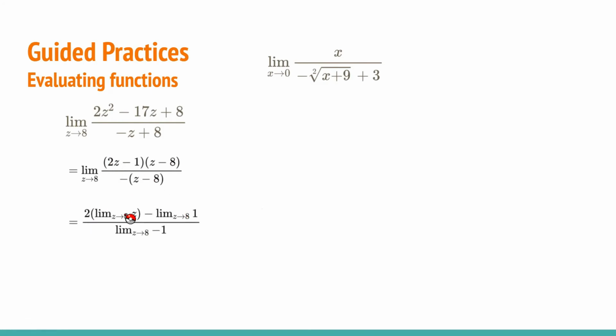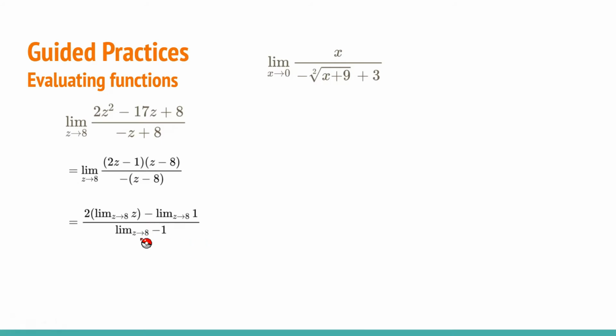From there, we'll apply the limit laws. So we get 2 times the limit of z as z approaches 8 minus the limit of 1 as z approaches 8, over the limit of negative 1, since this negative sign can mean that there's a 1, the value of 1 here. So we'll just use that to visualize and use our limit laws.